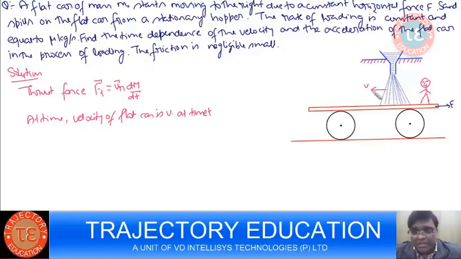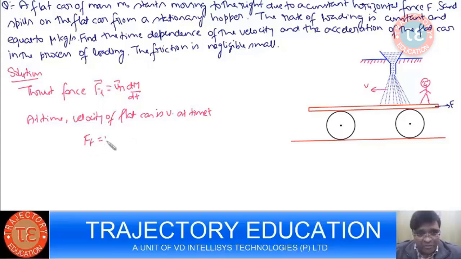So the velocity seen by the observer on the flat car is v towards left, right? So in that case, the VR is towards left and dm by dt is positive.